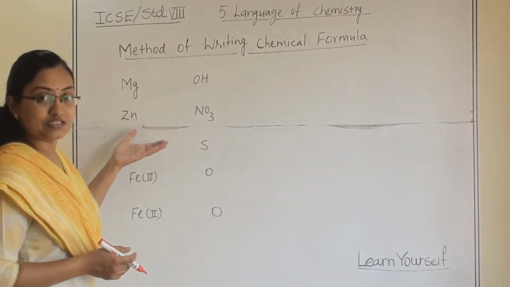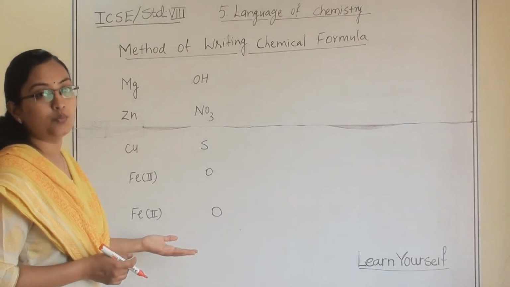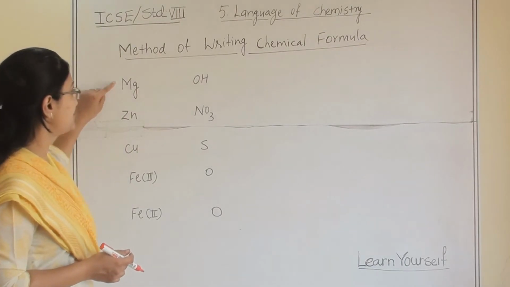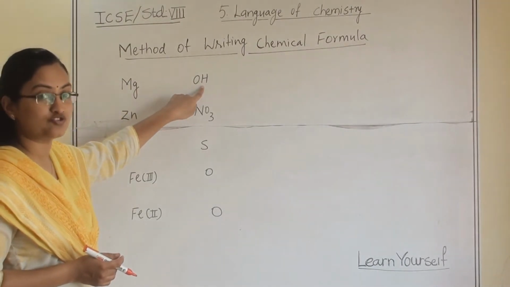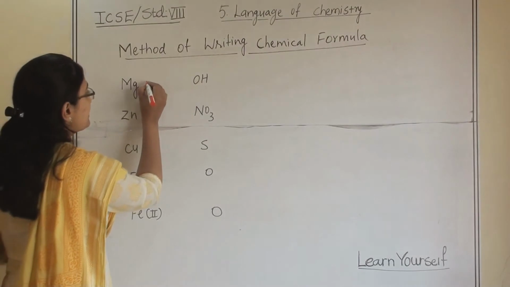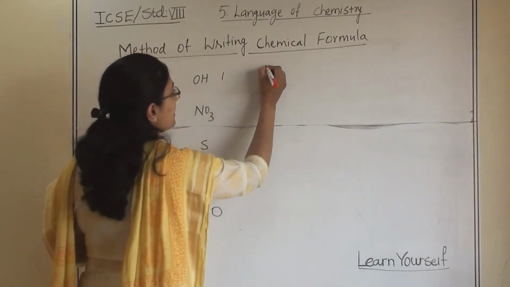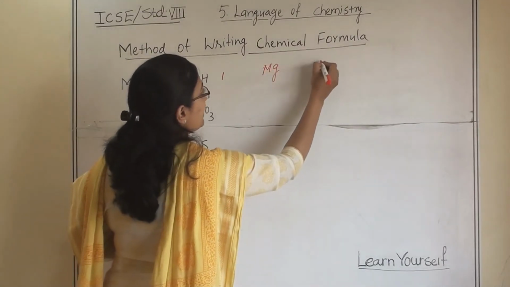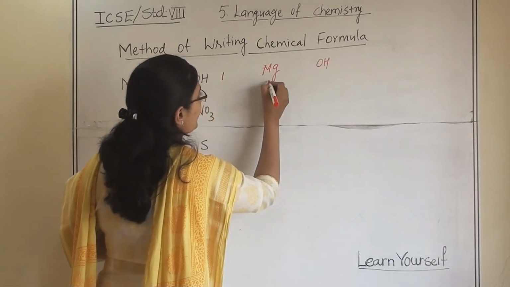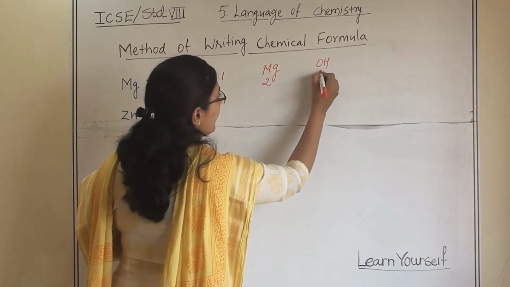Now let us understand how this molecular formula will work. First is Mg, we have to combine with OH. So Mg's valency is 2 and OH valency is 1. So when we are writing Mg and OH, it is going to be 2 and 1.